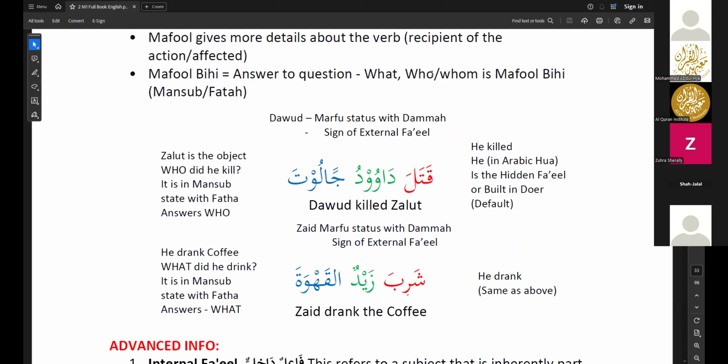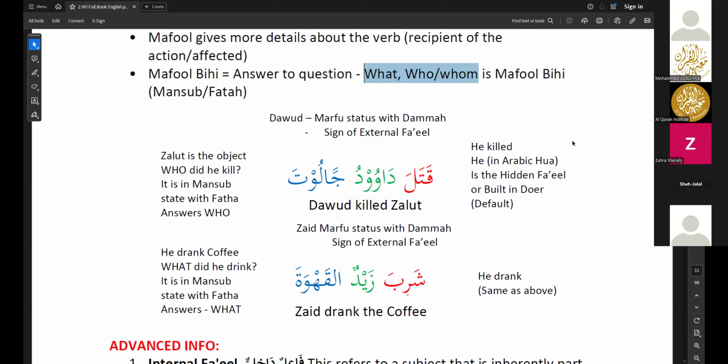But an example, say, if I say in English, I gave him a book. Okay, I've done something, I've taken some action. Now, who did I give the book to? Whom did I give the book to, right? According to the definition, if the answer is who or whom to a question pointing to something, that will be maf'ul.